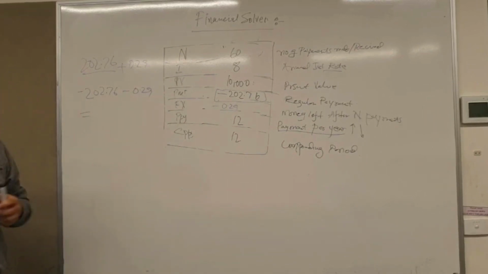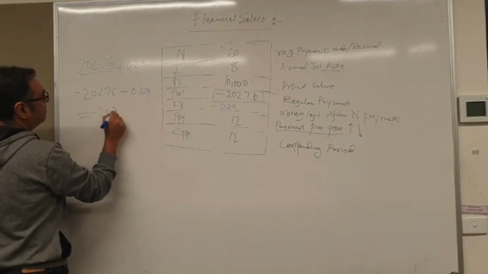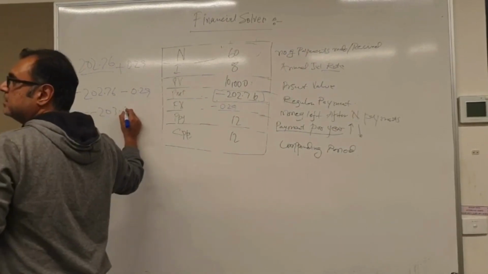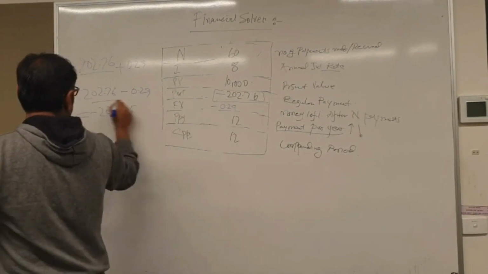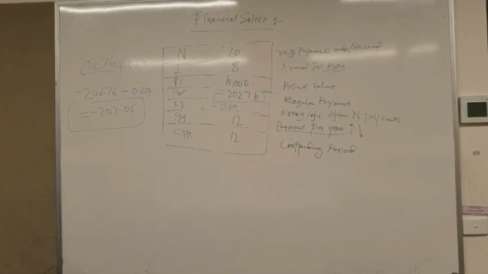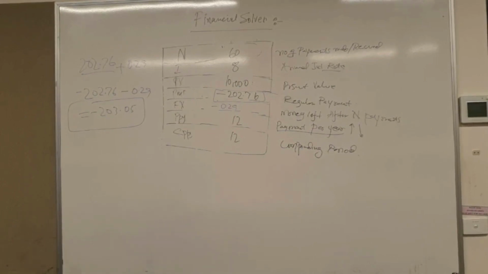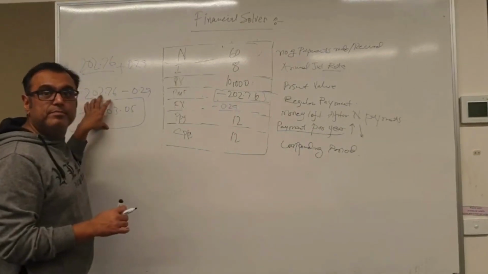So you will have something like a negative 203.05. That should be your 60th payment. Did you get it? How I've calculated the last payment?